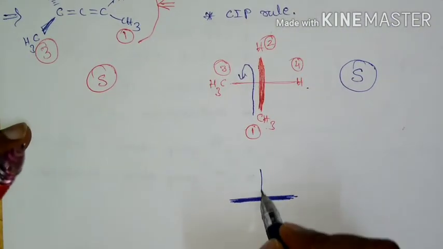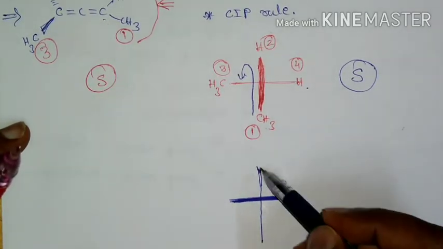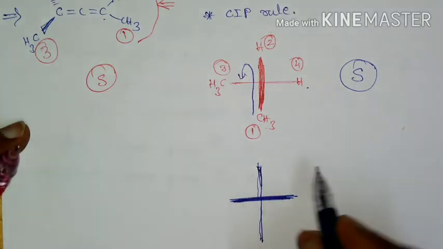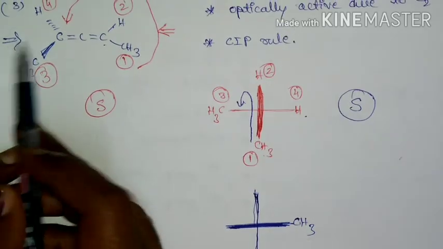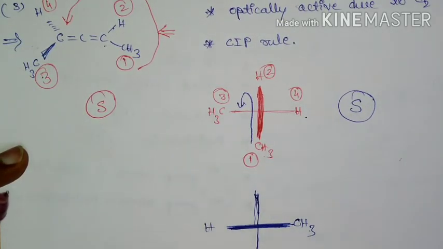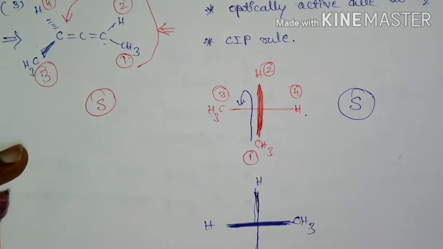Now the other carbon bond will be written in thin. Now CH3 is on the right side because I am viewing from this side. So this will become the right side and H will become the left side, and this H and CH3 will remain the same.